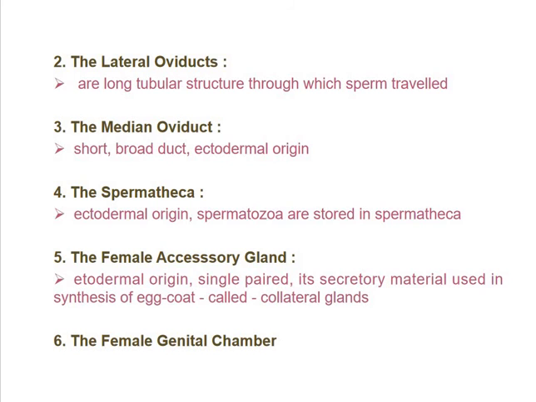Then there are mesodermal accessory glands, which develop from the lateral oviduct in Acrididae and Locustidae. Such accessory glands are often a single pair and contribute secretory material used in the synthesis of the egg coat, and therefore such structures are called collateral glands.